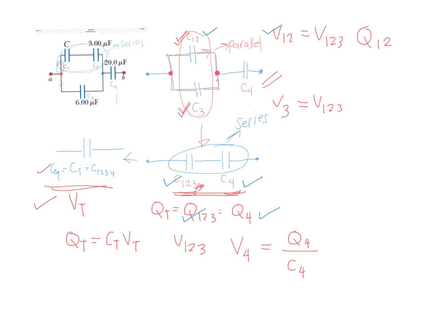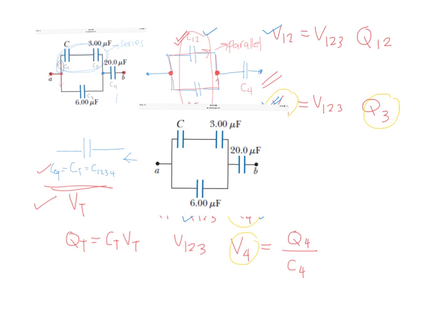And now that we have C3 and we have V3, then we could solve for Q3. So far we now have our Q4. We also have our V4. We have our Q3, and we also have our V3.